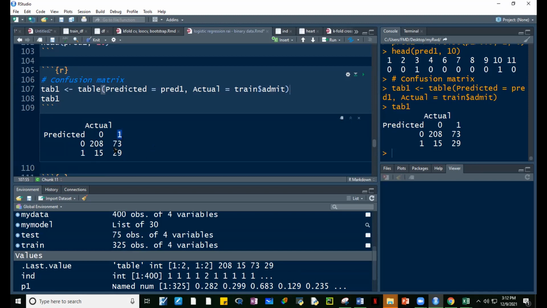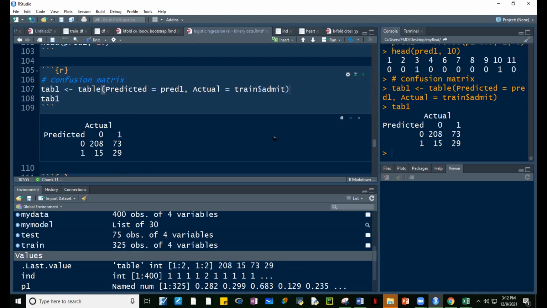No? The rest, guys, the off diagonals, this one is the false negative. Predict natin siya na hindi siya ma-admit, pero na-admit naman pala siya. So this is now the false positive, kasi predict natin na ma-admit siya, pero in actuality, hindi siya na-admit.